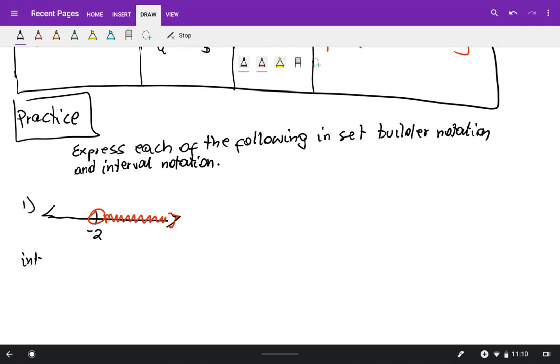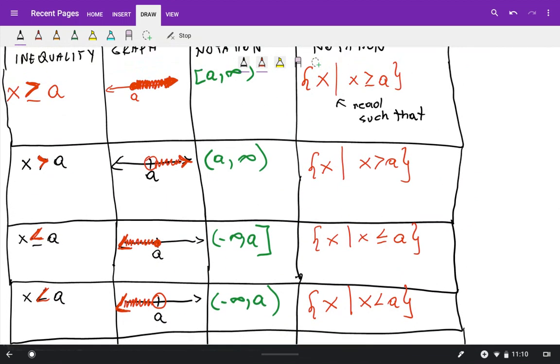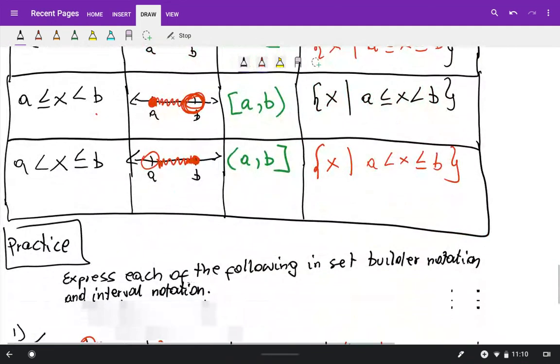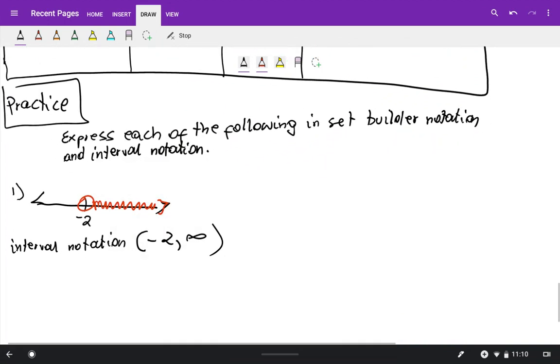So interval notation will be, and again, this is this case right here, right? But we have -2. Okay, so interval notation will be -2 comma positive infinity because we're not including -2.